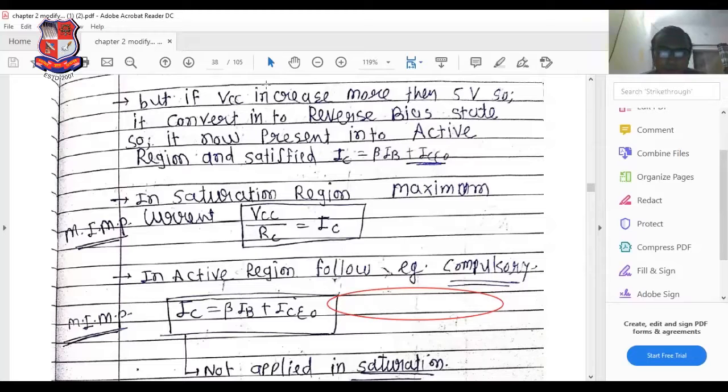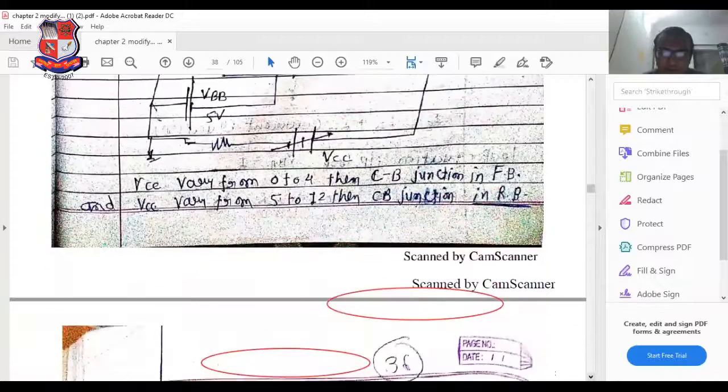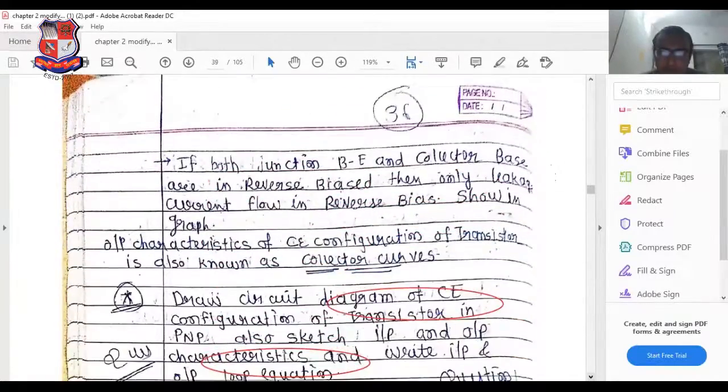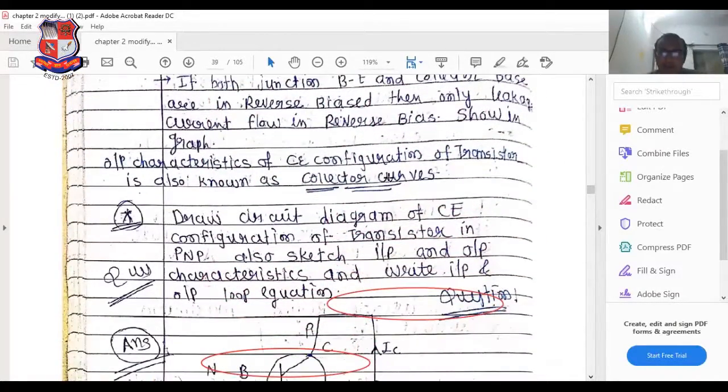This equation cannot be applied in the saturation region. Remember that point. In the saturation region, IC equal to VCC divided by RC. So it is the last equation. See this very carefully. This is the last point related to common emitter output characteristics, also known as collector curves.